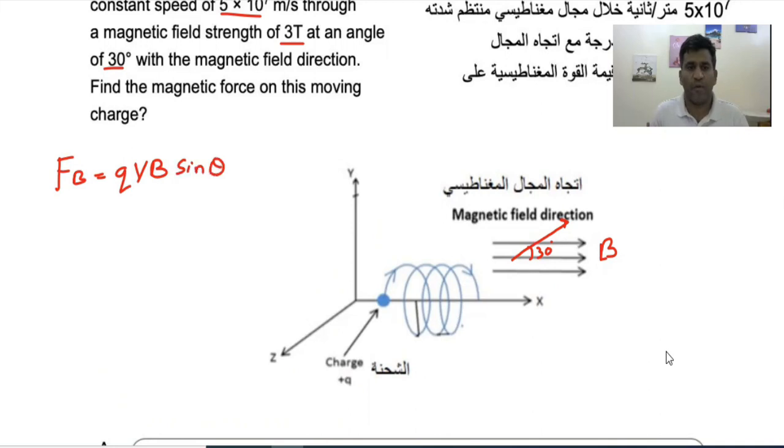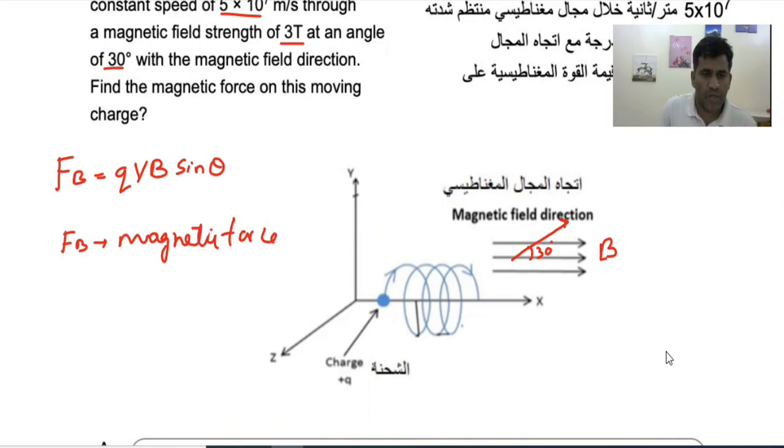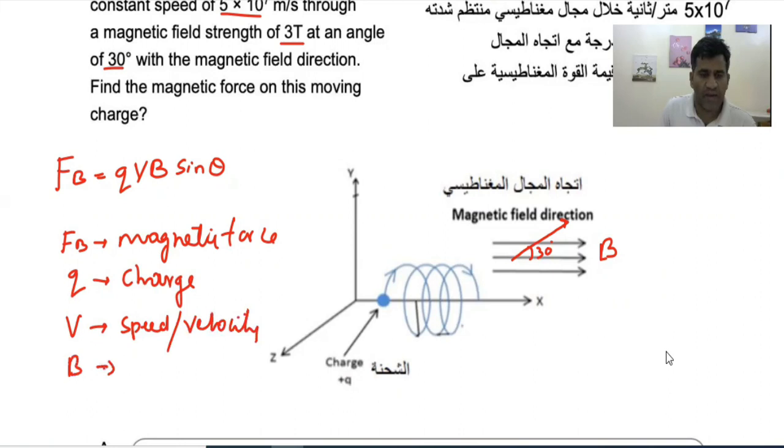F_B represents the magnetic force, Q is the charge, V is the speed or velocity, and B is the magnetic field. All the values are given to us.